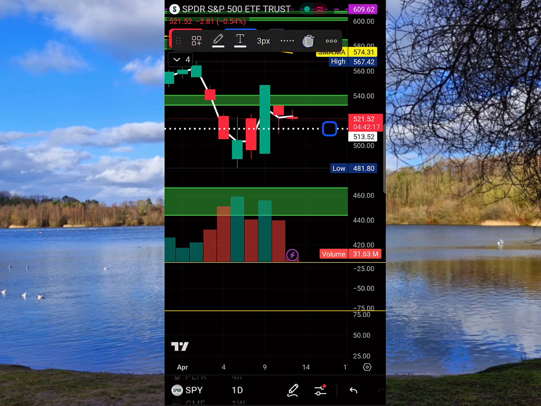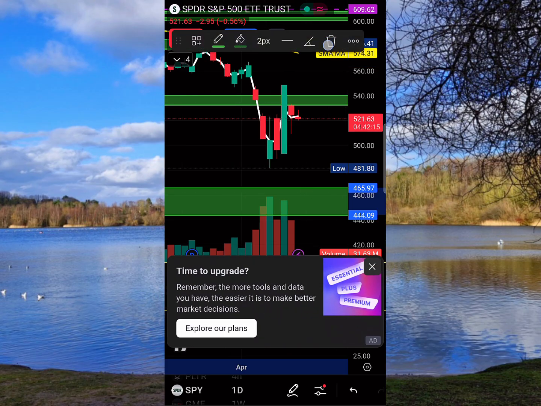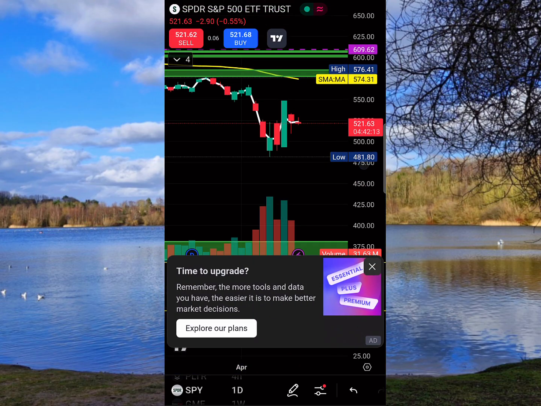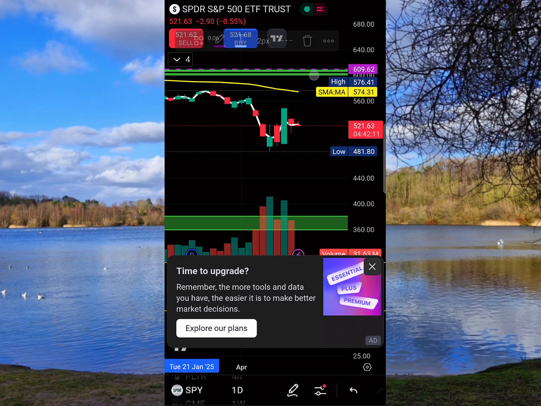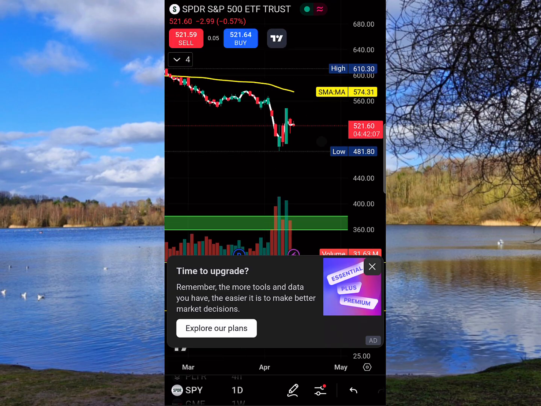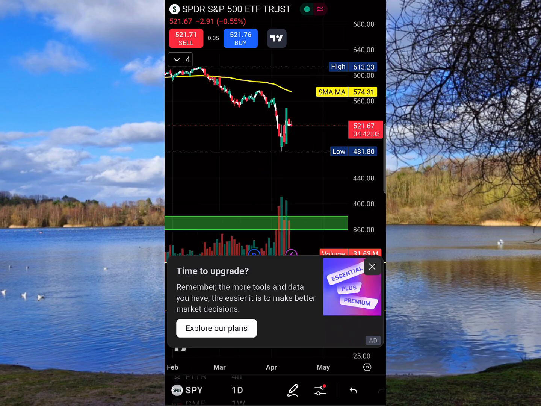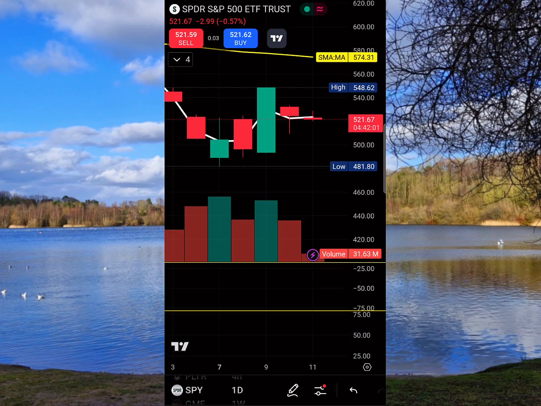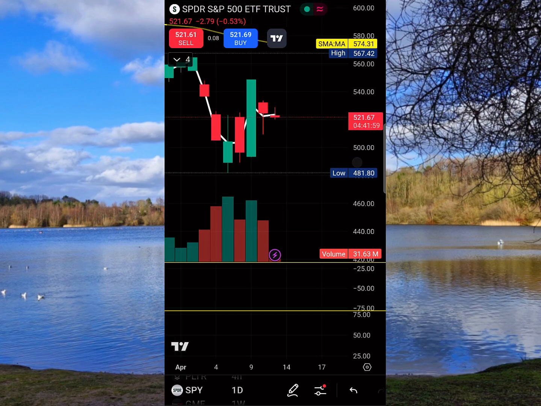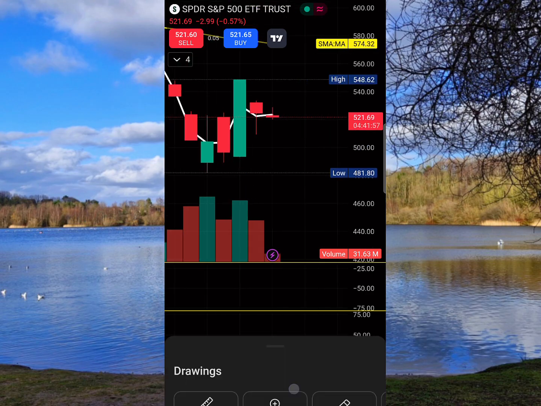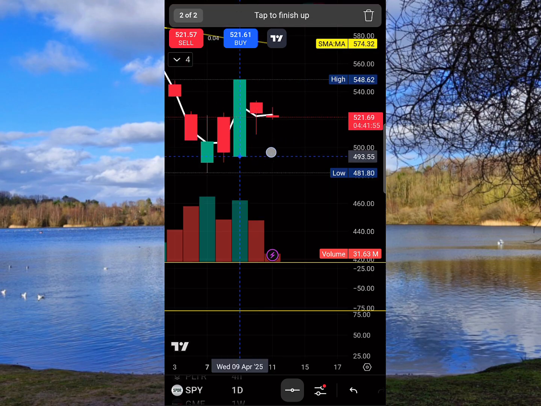So again, we can just mark up. If I just remove all these other gubbins that I had before, we'll simplify the chart. So I still have the 50-day moving average and the VWAP on here. So for the daily, we'll mark out the day's highs and lows for the last 3 days, and then we'll trade within those ranges.